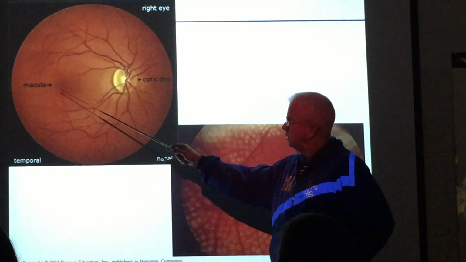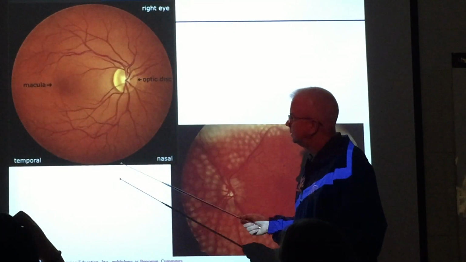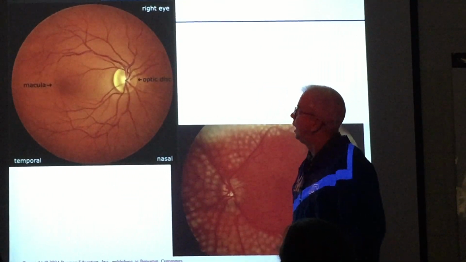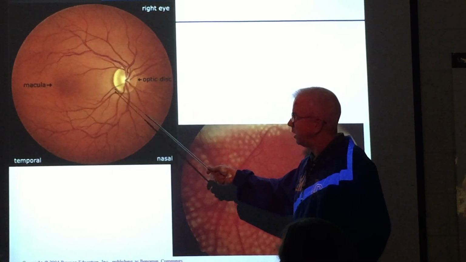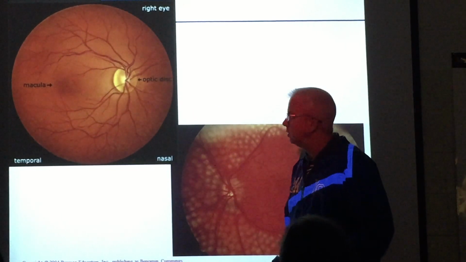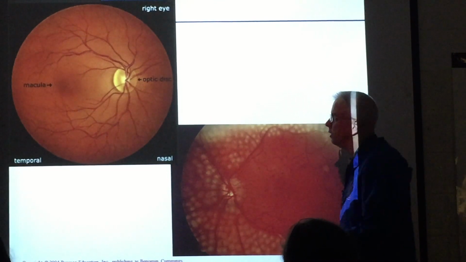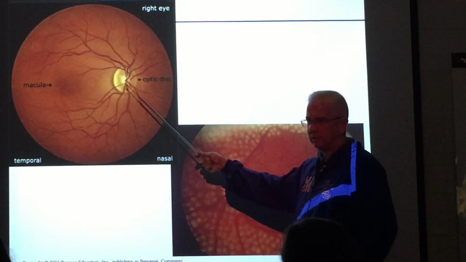But can you see the little darkened area here, the macula? This is temporal and nasal. So which eye? So this is a right eye, but you would know that if you look into an eye, you can tell immediately which one is right, which one is left, because this structure you can see really easy.